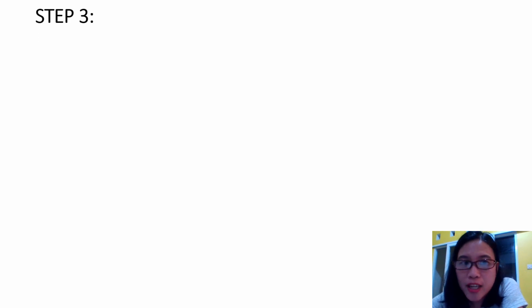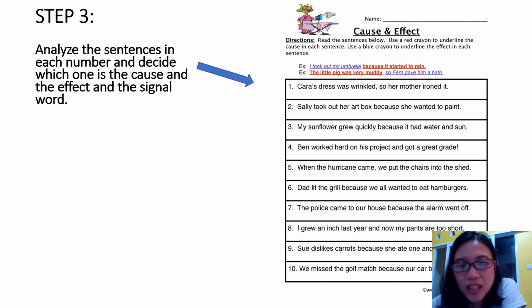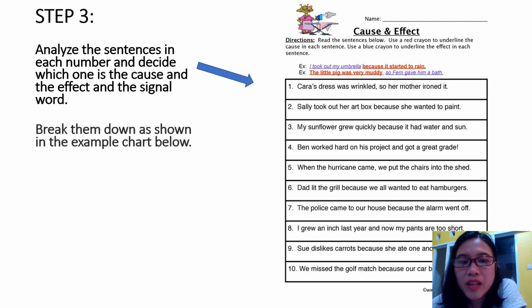Okay, in step 3, you should analyze the sentences in each number and decide which one is the cause, the effect, and the signal word. Now here are the numbers, number 1 up to number 10, all the sentences that you have to work out.